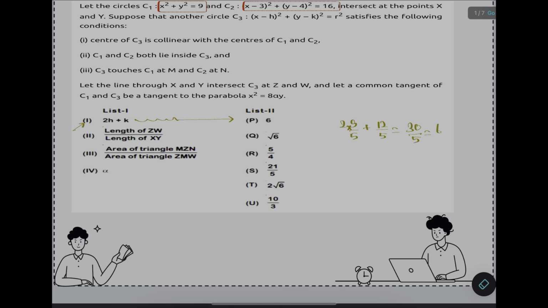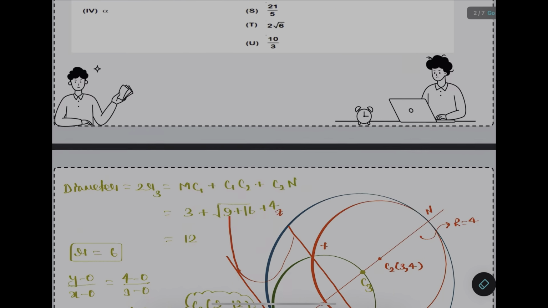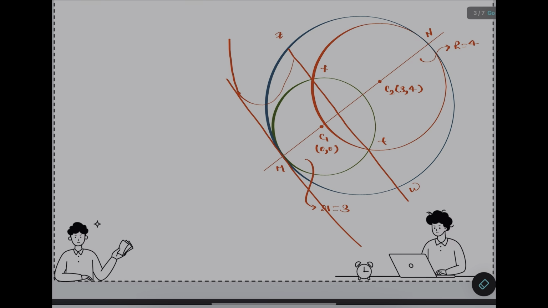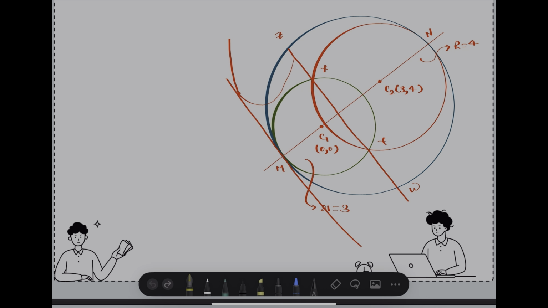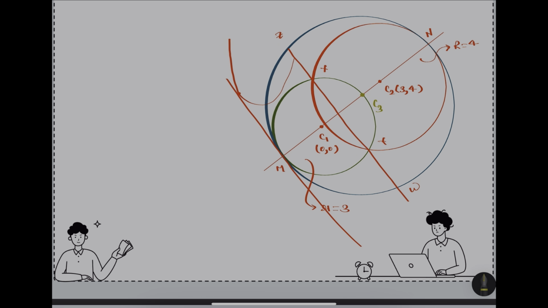Next part is length of ZW and XY. Okay, so we are interested in finding this distance and this distance. You know that this point is C3. Now look at this.